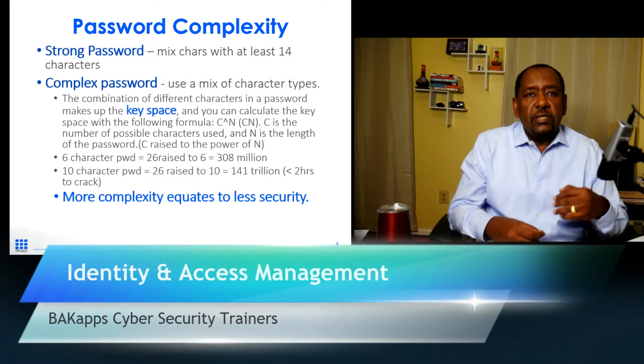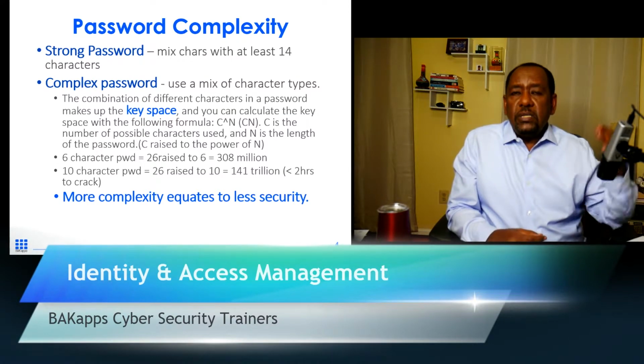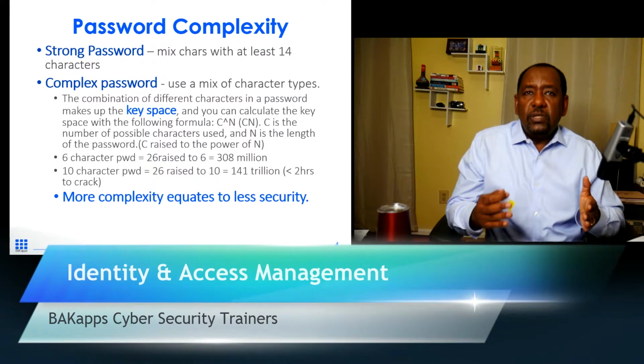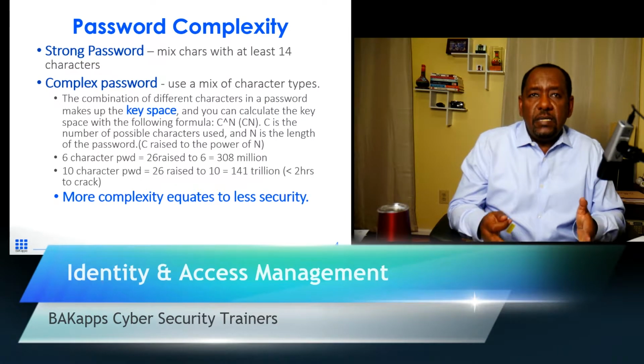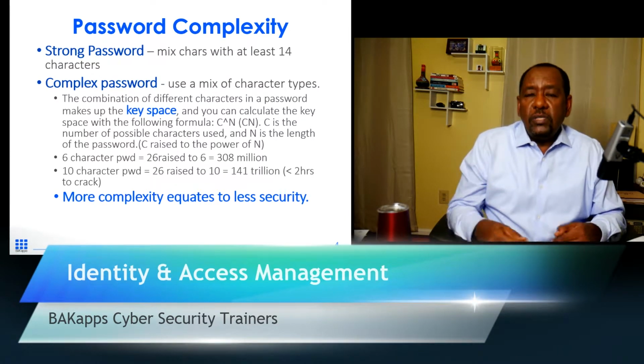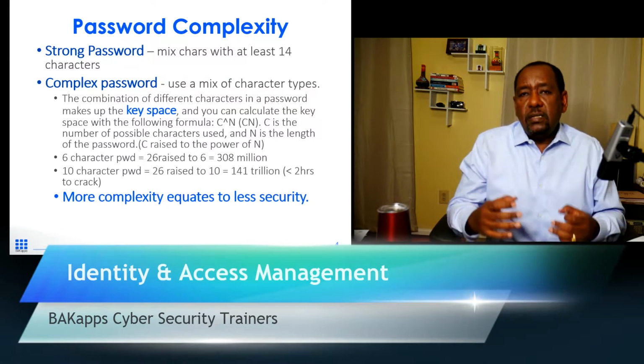Let's say you use a 6-character password. What it means is 26, which is the possible characters within the alphabet, raised to the power of 6, which is equal to 308 million different passwords.